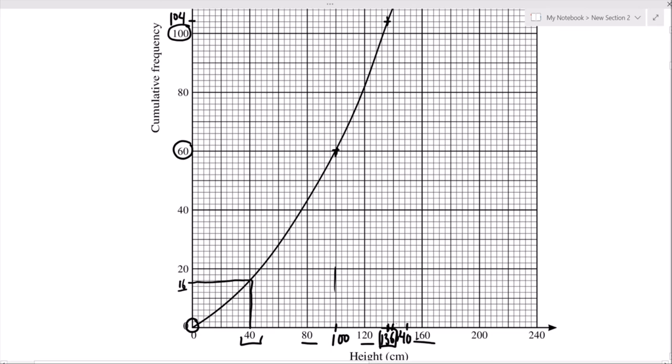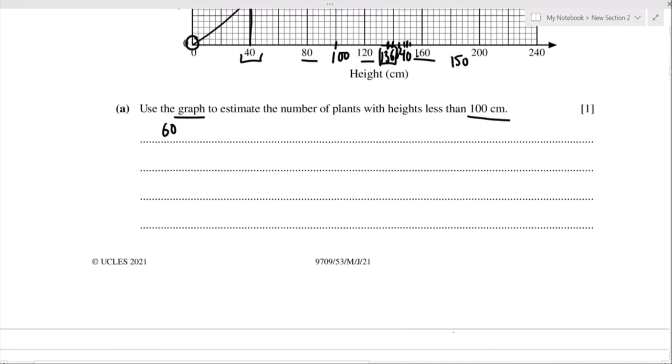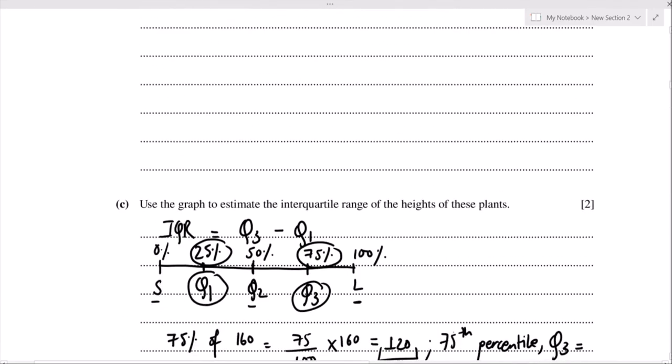So if this is 140, that's going to be 144, that's going to be 148. So this number is somewhere in between 148 and 152. Let's just assume it to be in the middle, so that's going to be 150. So 150 centimeters will be the upper quartile value.